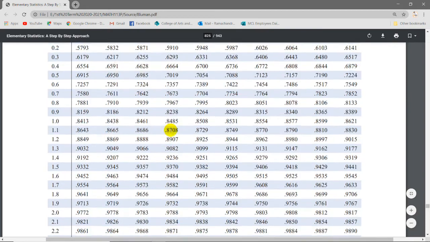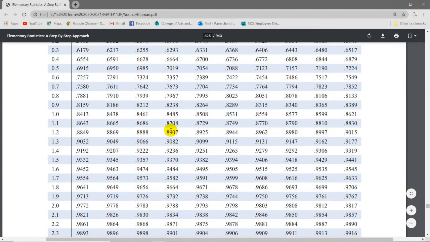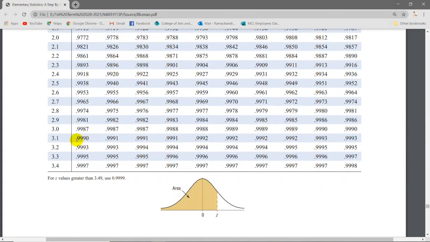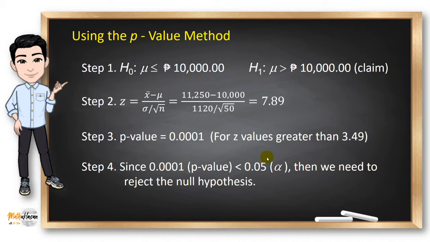In our example, the Z or the test value is 7.89, but notice that we don't have 7.89 in this table. So for Z values greater than 3.49, we need to use 0.9999. By subtracting 0.9999 from 1, we will get the p-value of 0.0001.